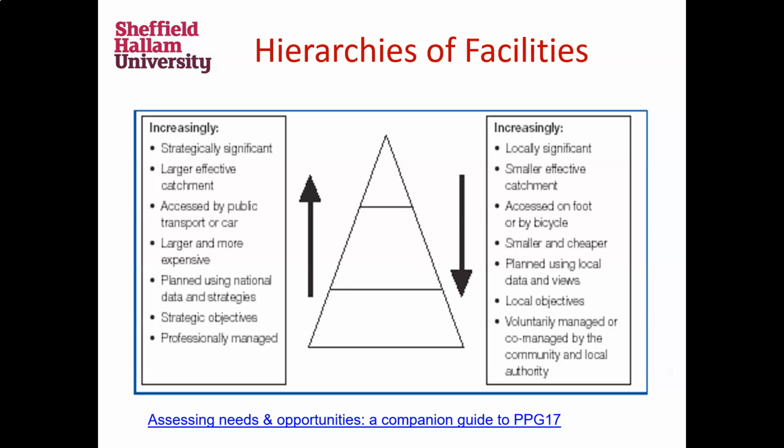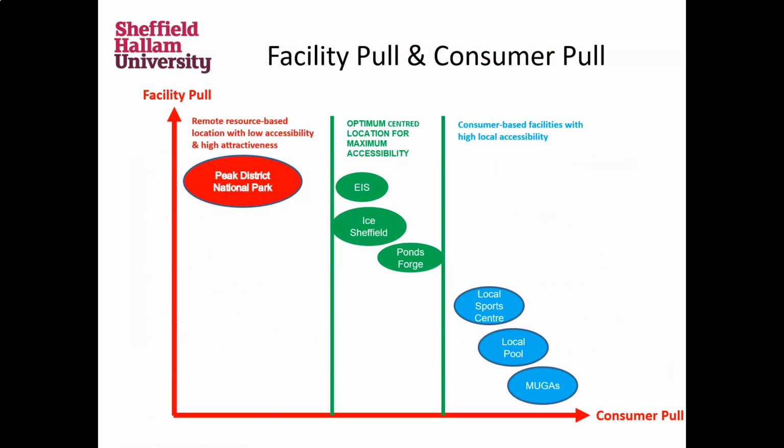Quite often we don't talk about this much in this module, but one way of thinking about facility provision is thinking about hierarchies of facilities. So here we have a pyramid, and the pyramid has 3 levels. So we could actually relate this to the 3 facility typologies that we had in the previous slide.